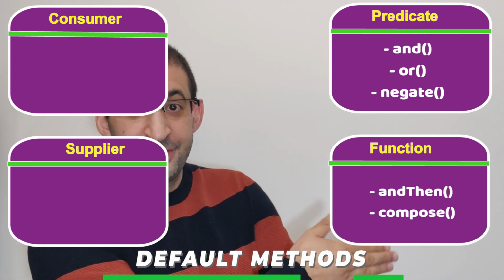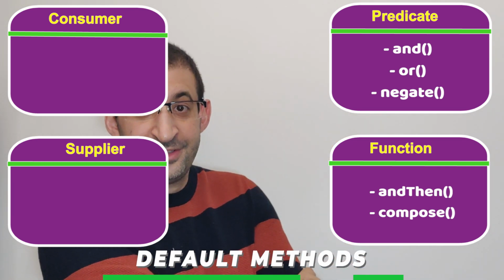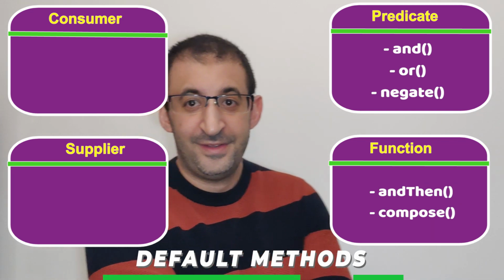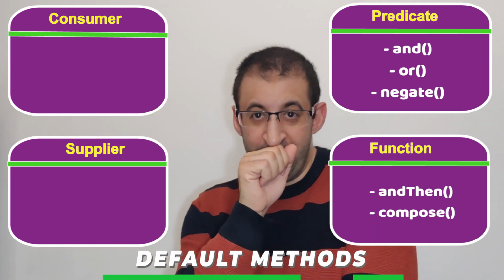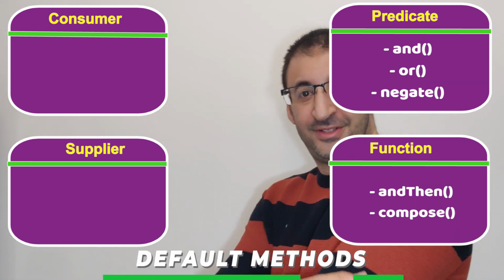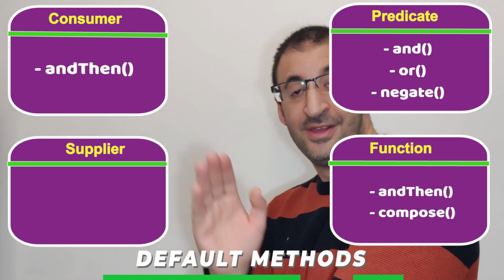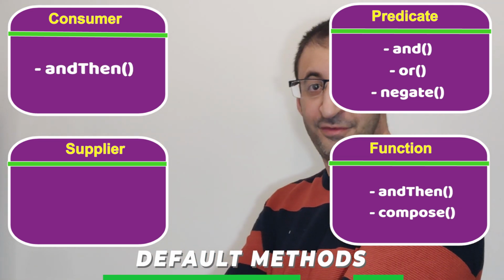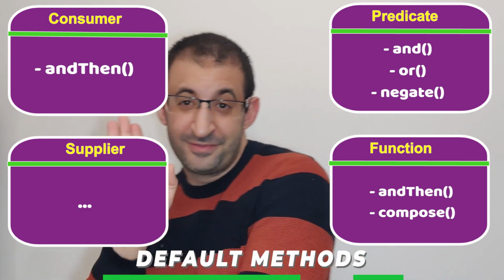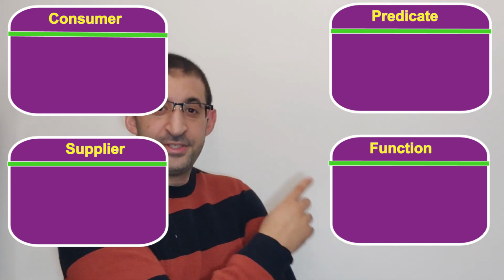For Function, we have andThen and also compose. For Consumer, we have andThen. And there is no default method in Supplier. So let's continue.